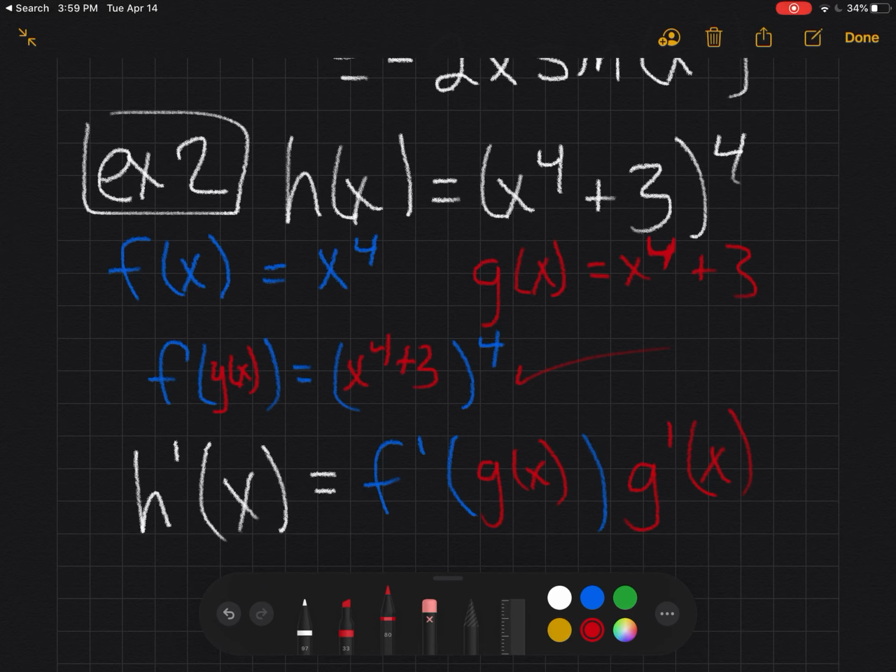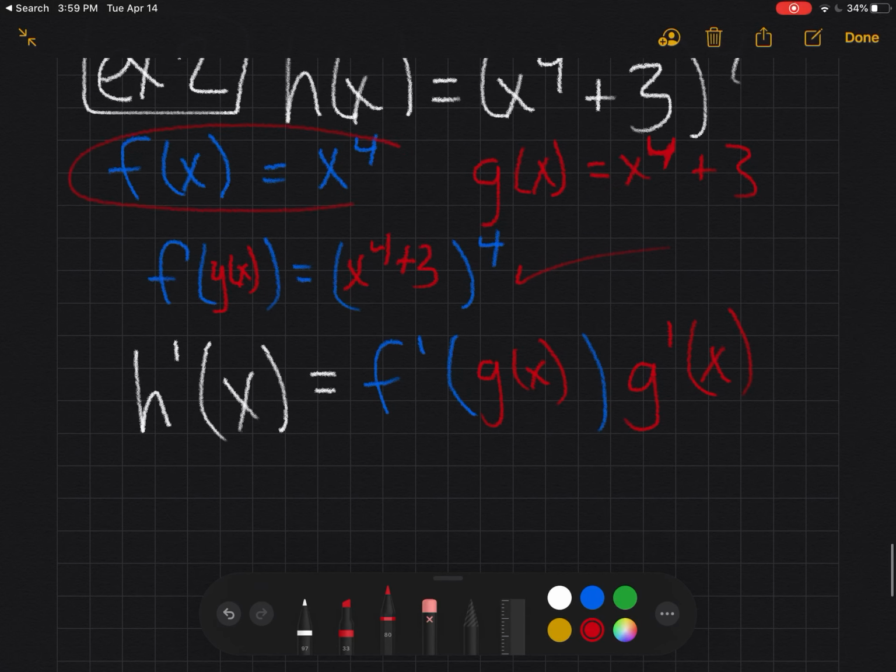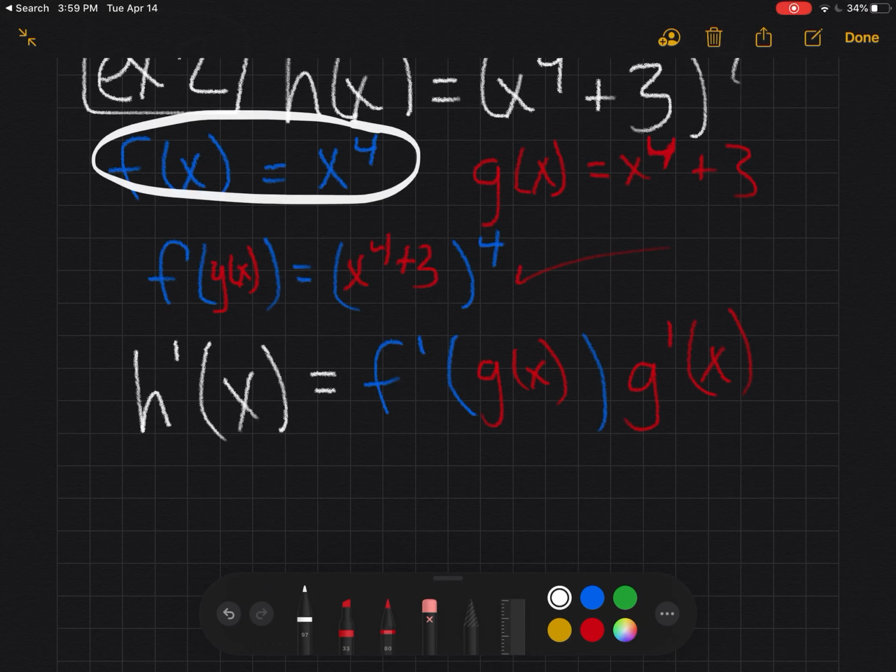So now to find the derivative, h prime of x is going to be equal to the derivative of the outside function with g of x inside it times the derivative of the inside function.